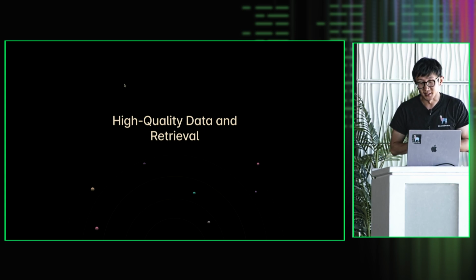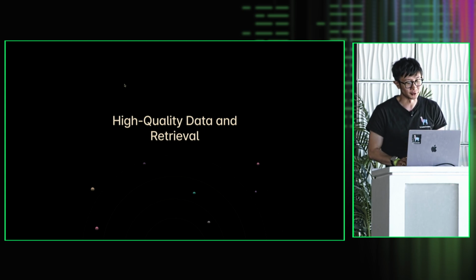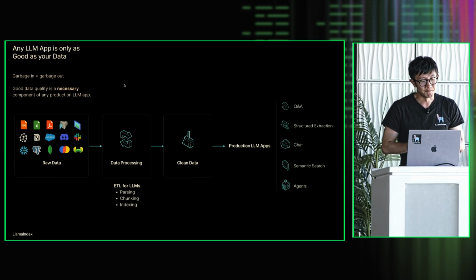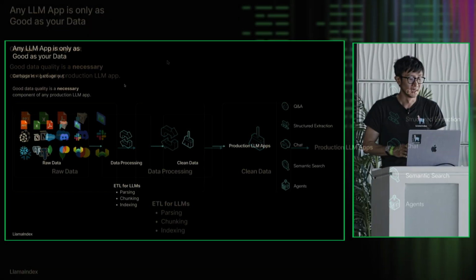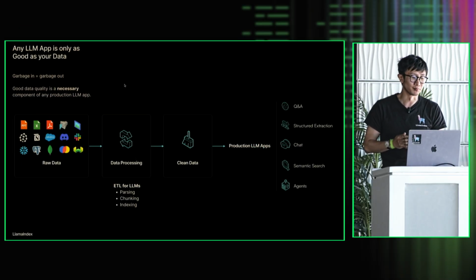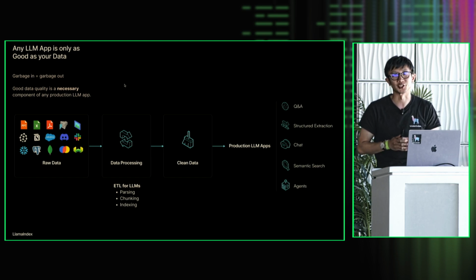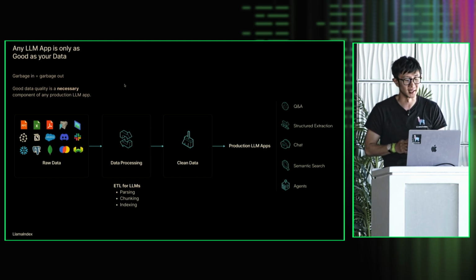The first piece is high quality data and retrieval. Any LLM application is only as good as your data. For us, one special use case that we care a lot about is the wide variety of unstructured files that exist within any company. Most companies have PDFs or PowerPoints or spreadsheets or Google Docs or Google Slides, and it's just kind of a mess.